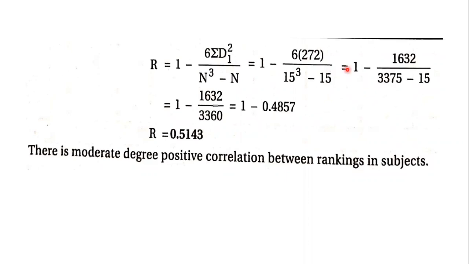The next step will be simplification of these numbers. 6 into 272 is 1632. 15 cube is 3375 minus 15. So 3375 minus 15 is 3360. Then next step, 1632 by 3360 is 0.4857.